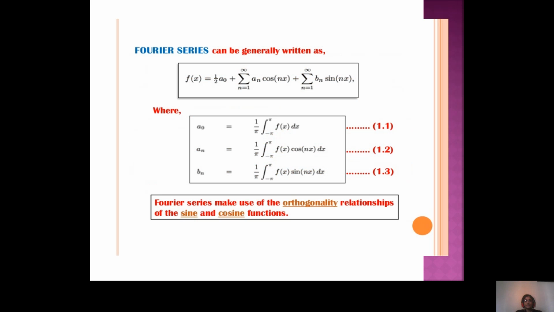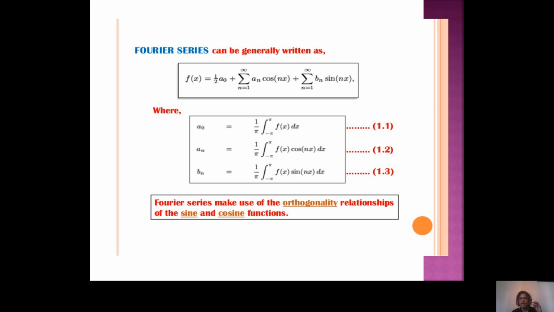Generally the Fourier series can be written as f(x) = a0 + summation of n equal to 1 to infinity of an cos nx + summation of n equal to 1 to infinity of bn sin nx.